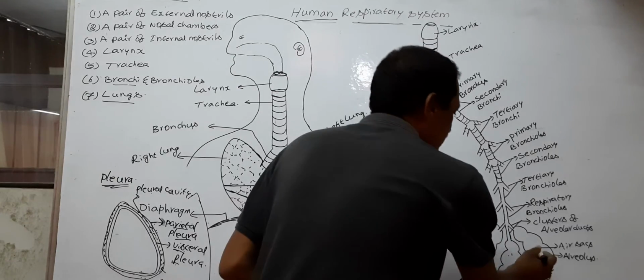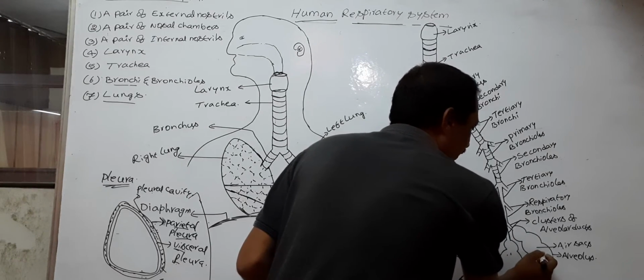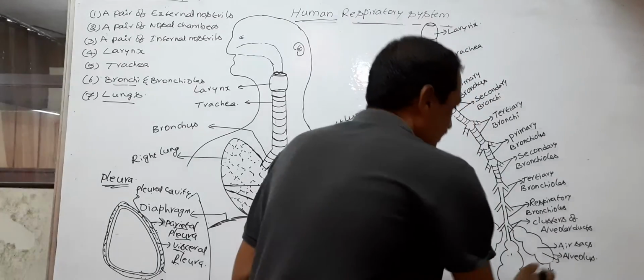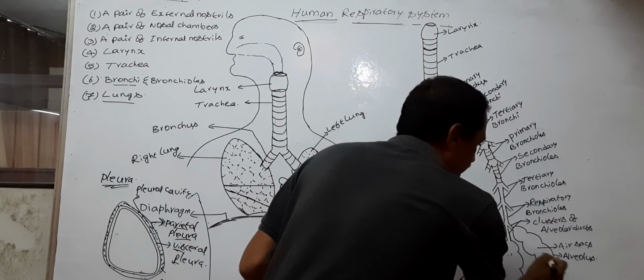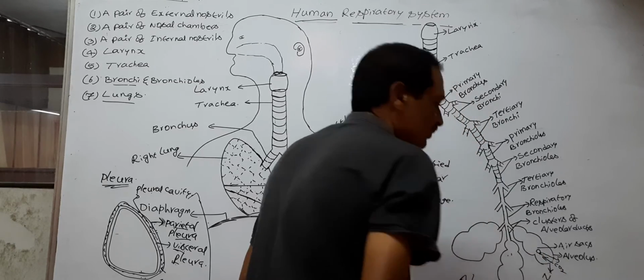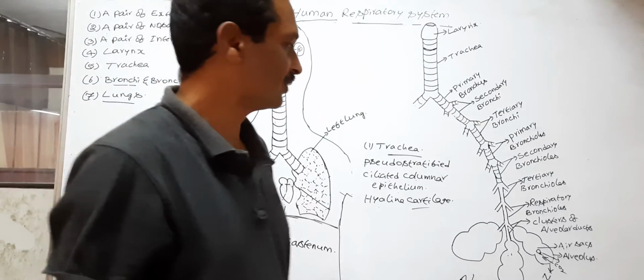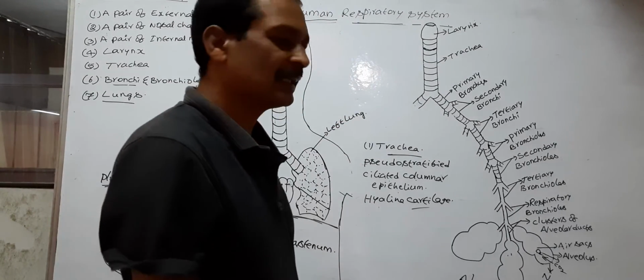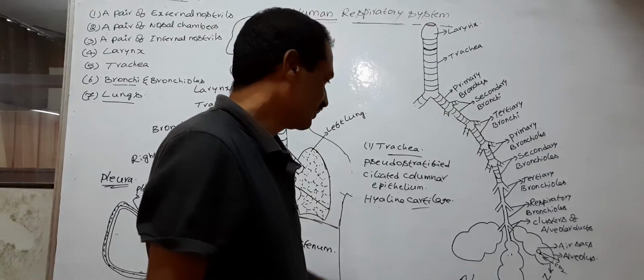So the blood capillaries extend in the wall of the alveoli. The alveoli are the sites of respiratory gas exchange. So the O2 and CO2 are exchanged in the alveoli. Here the oxygen from the alveoli diffuses into the blood capillaries and CO2 from the blood capillaries diffuses into the alveoli. So alveoli are the sites of gas exchange.